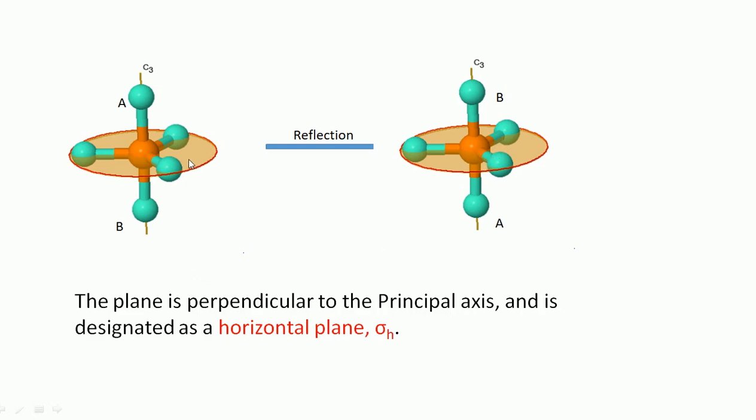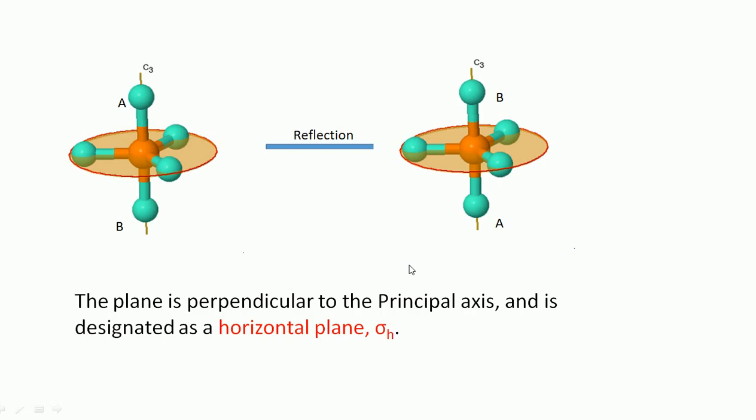And when you look into the connection between this plane of symmetry and the principal axis C3 here, C3 is actually passing through phosphorus and two axial chlorine atoms. This plane of symmetry is actually perpendicular to the principal axis.